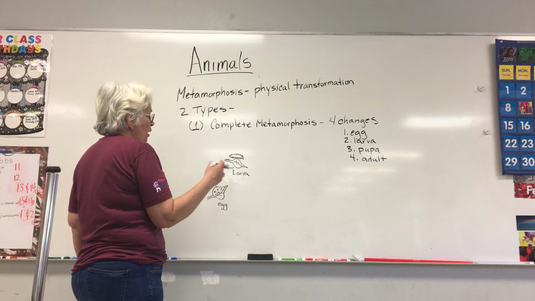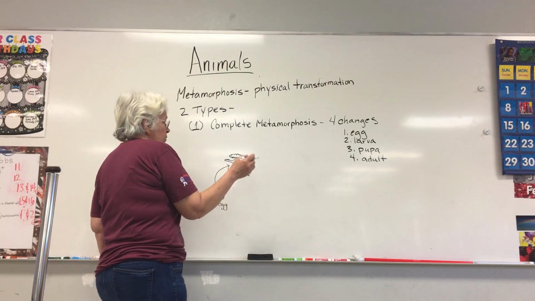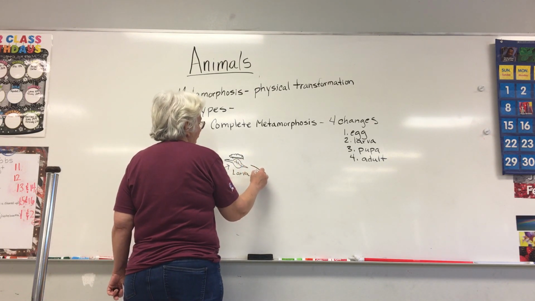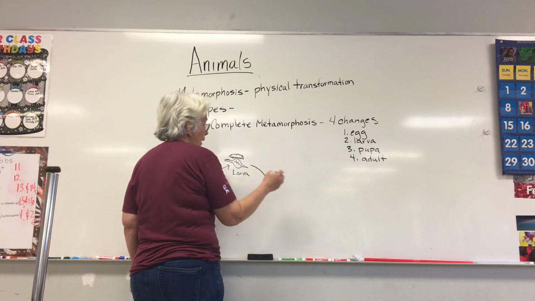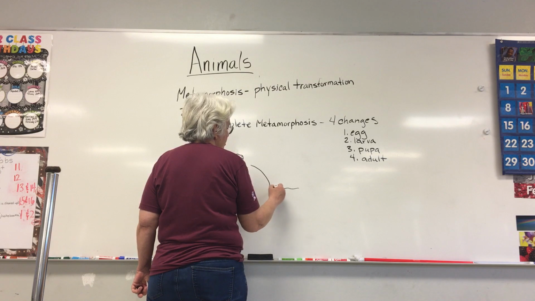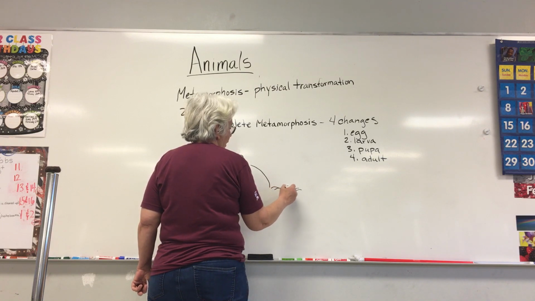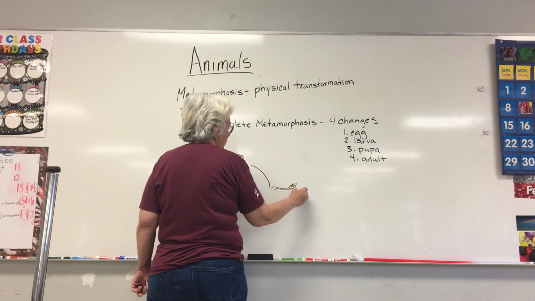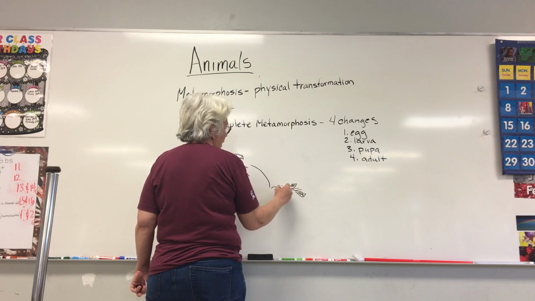And then there comes a time, and he goes into his next stage, and in a caterpillar, he forms a chrysalis. So if we were to have a branch here, and here's a leaf, make sure we know it's a branch. And he kind of makes this little cocoon kind of thing, okay?